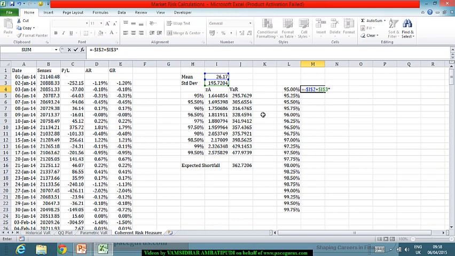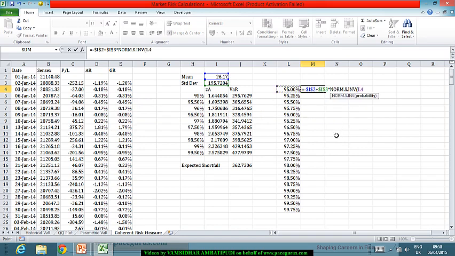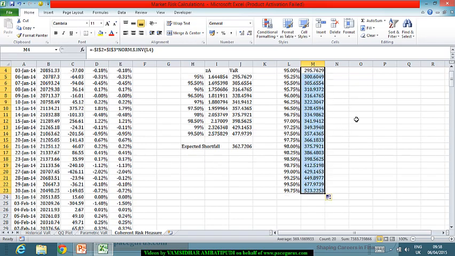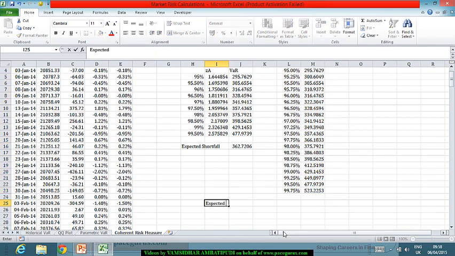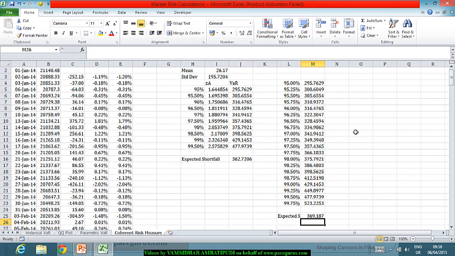How do I get my Z alpha? I get it as the NORM.S.INV associated with this particular number, which works out that for 95% this is the VaR, and so on. Now my slices have improved, and if I find my expected shortfall through this mechanism, taking the average of all these numbers, it results in 369.